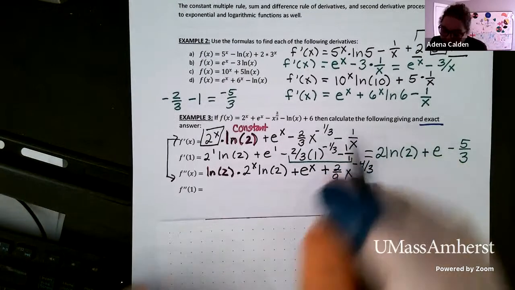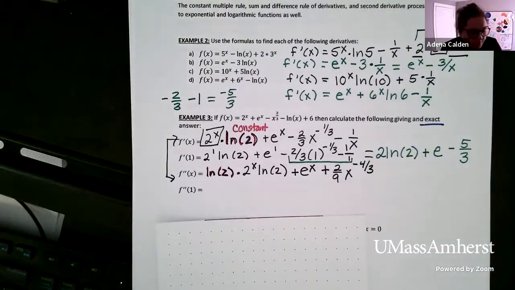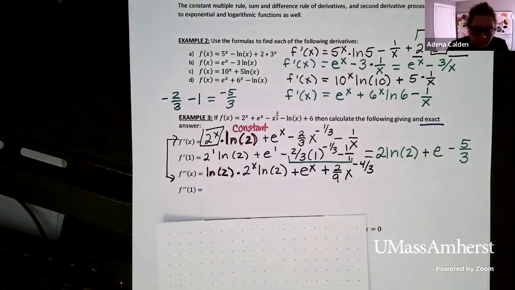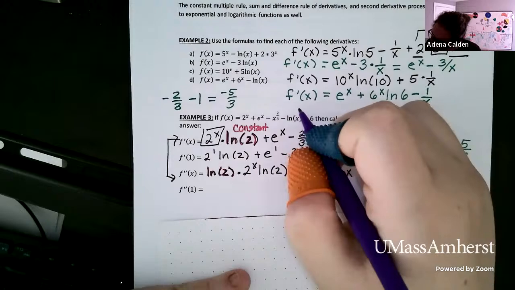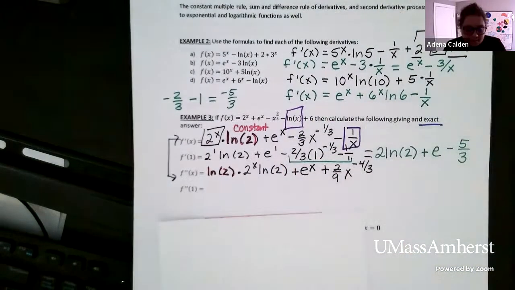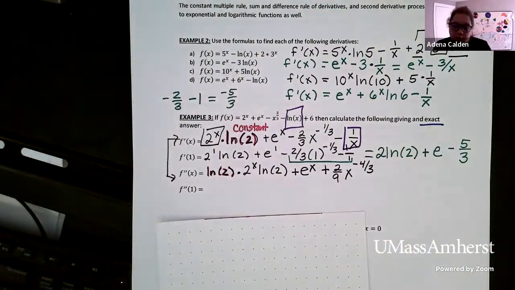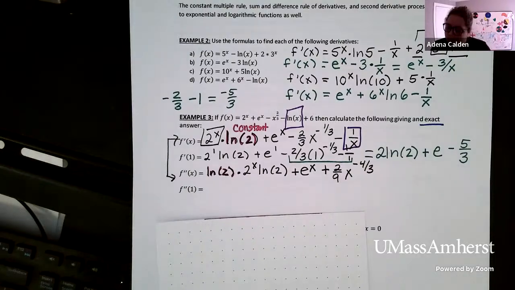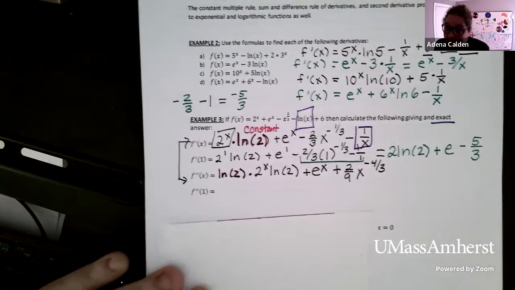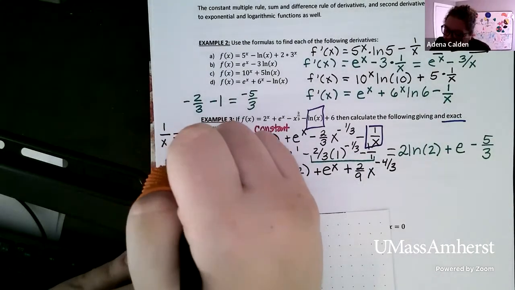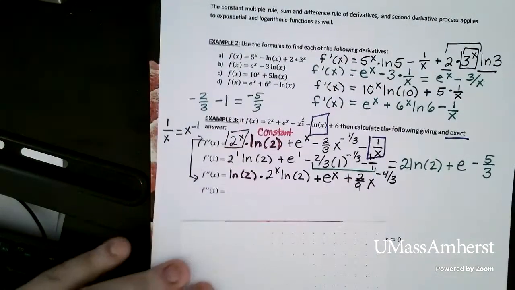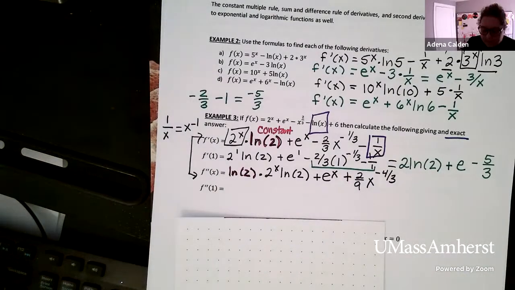Okay, and now this last term is really, really interesting. Okay, so remember, this last term came from the natural log of x, but now it is turned into a polynomial term. So we do have to rewrite this. So as a reminder, 1 over x is the same thing algebraically as x to the negative 1.